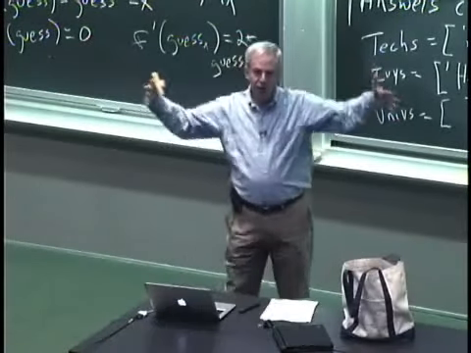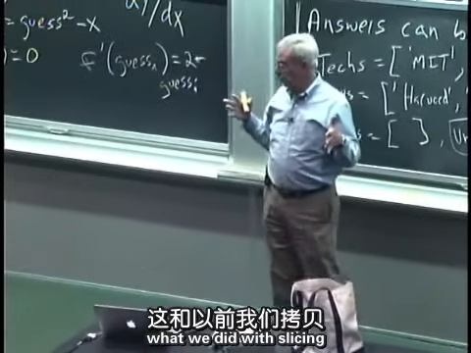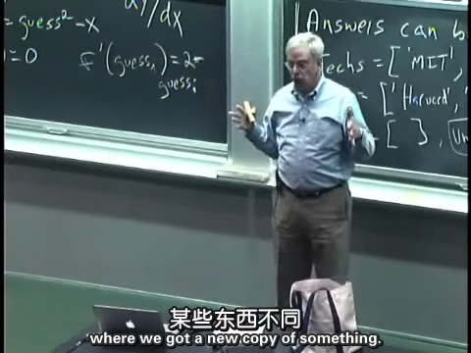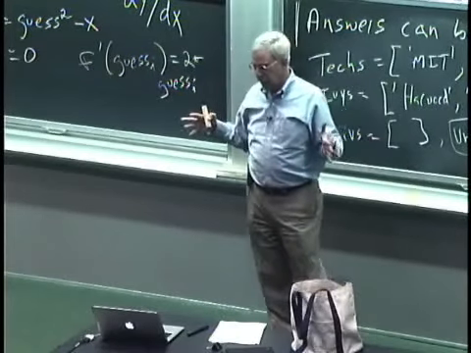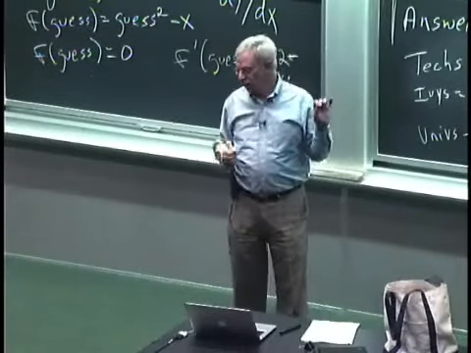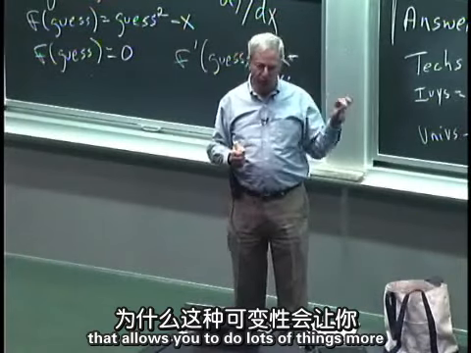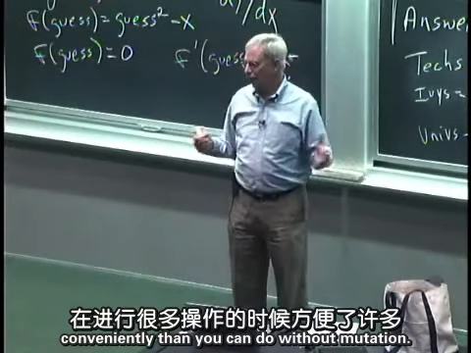So this is very different from what we did with slicing, where we got a new copy of something. Here we took the old one and we just changed it. On Thursday, we'll look at why that allows you to do lots of things more conveniently than you can do without mutation.